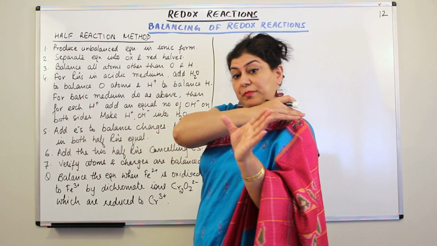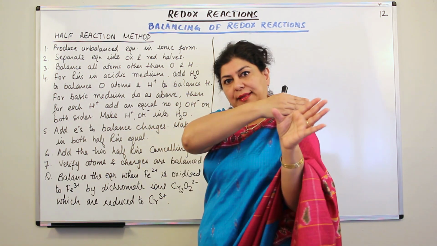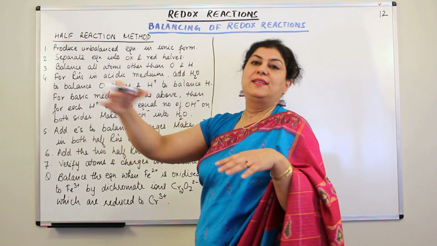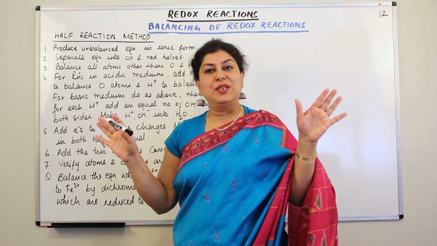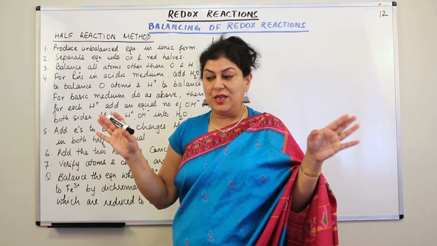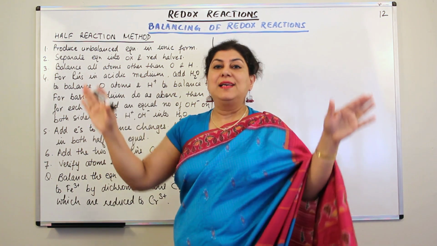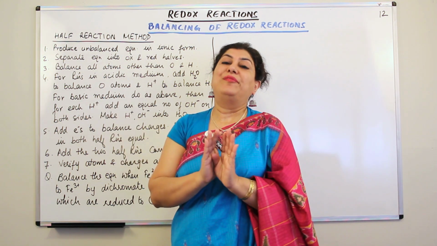Thereby you will multiply not only the electrons, you will multiply the entire equation, reactants and products, by that number. And now that the number of electrons is equal in both the half reactions, and the atoms are all balanced, you will add the two half reactions.